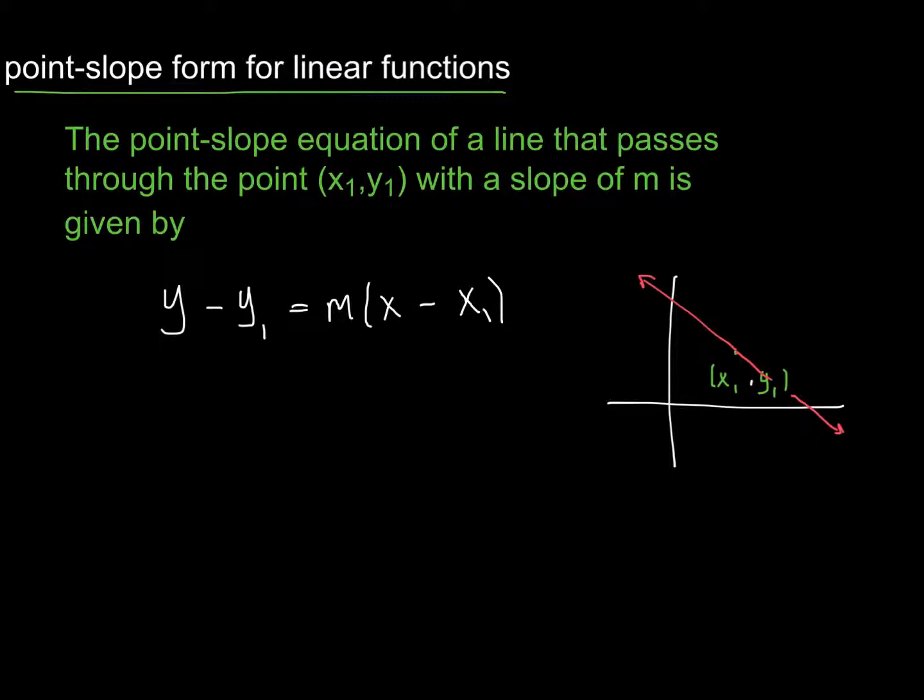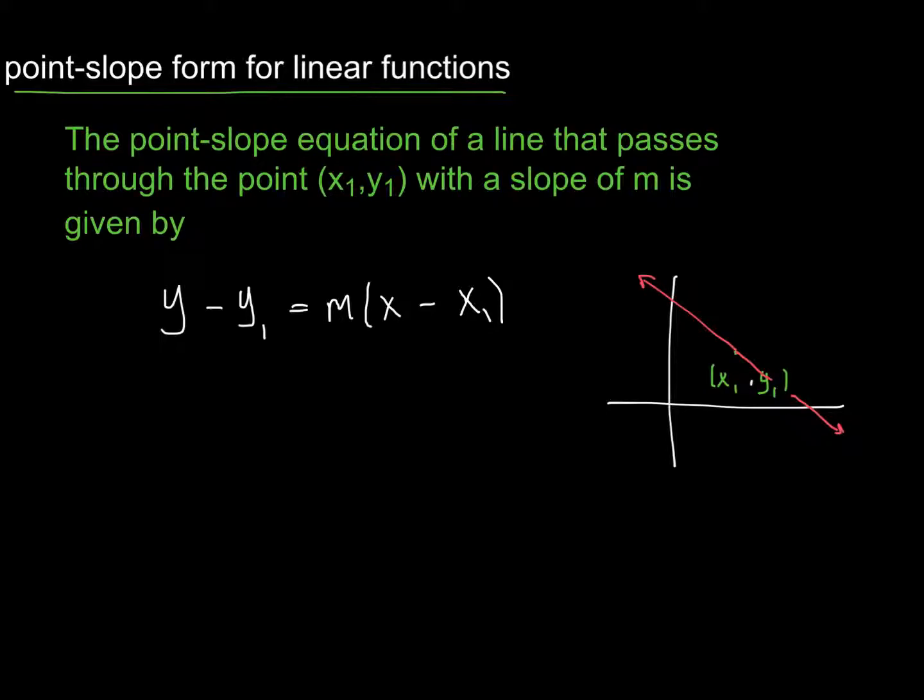Alright, so in general, the equation of a line that passes through a point (x1, y1) with a slope of m is given by y minus y1 equals m times (x minus x1). Here y is the y value of any other point on the line, y1 is the y value of the point we know, and x is the x value of this other point on the line, minus the x value we know.